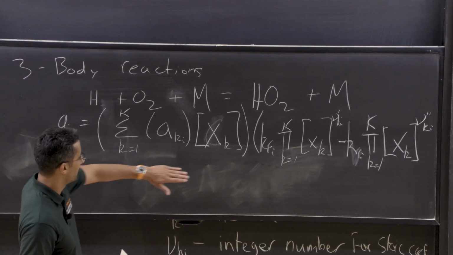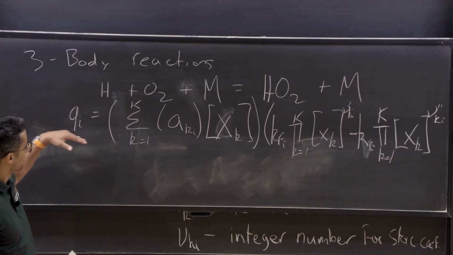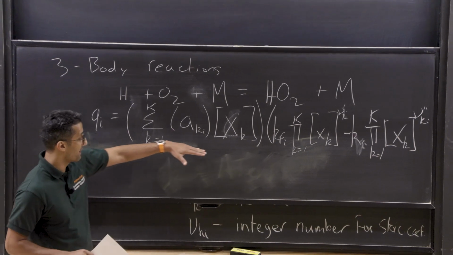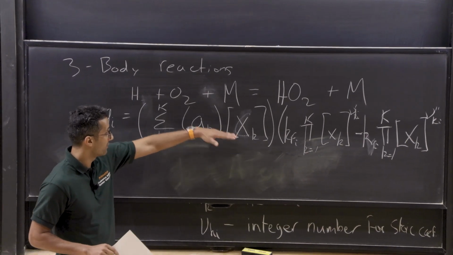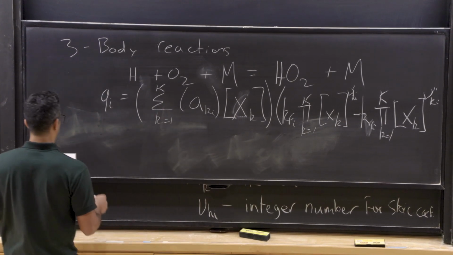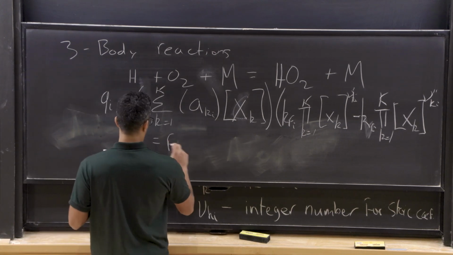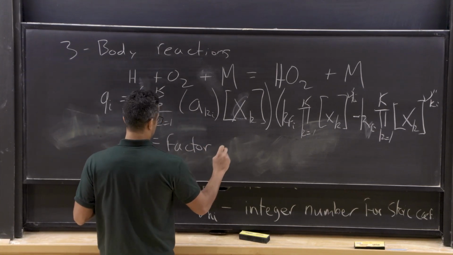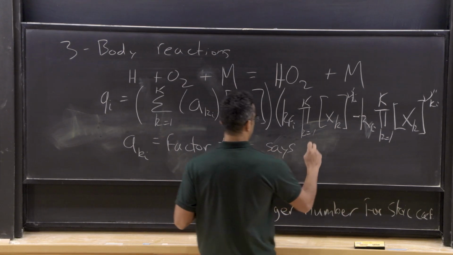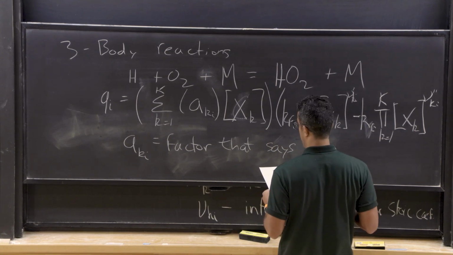But we add a term in the beginning, saying that the progress of reaction Q of I can be dependent on the total concentration of species, times some term AKI, a factor that says how much the species contribute to the three-body reaction.